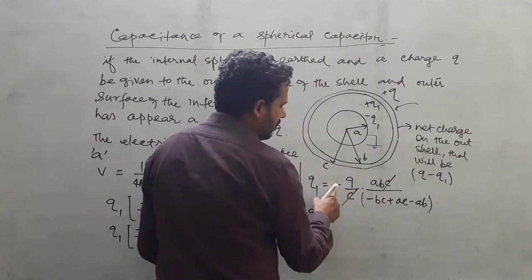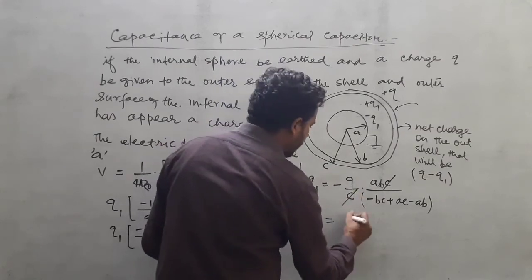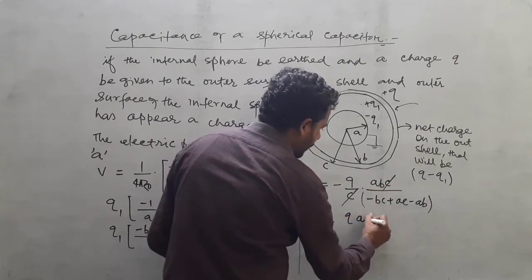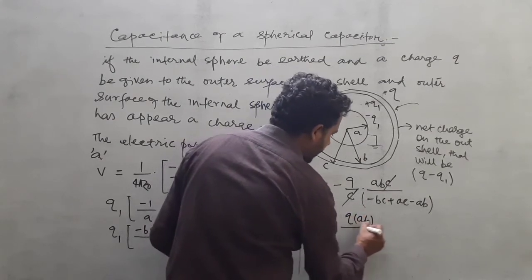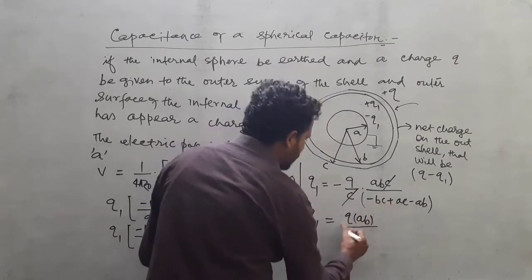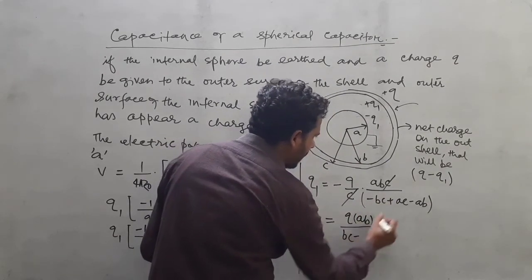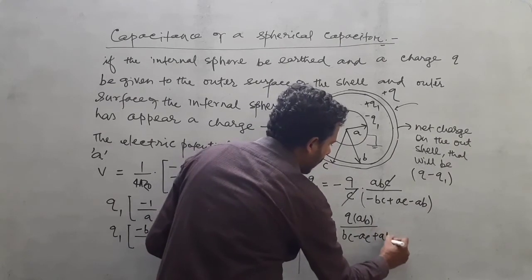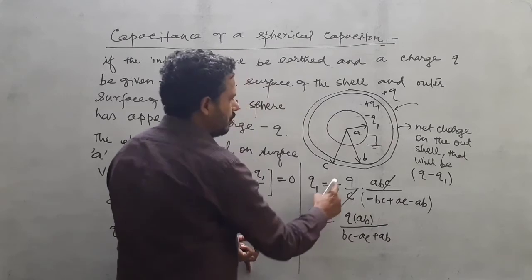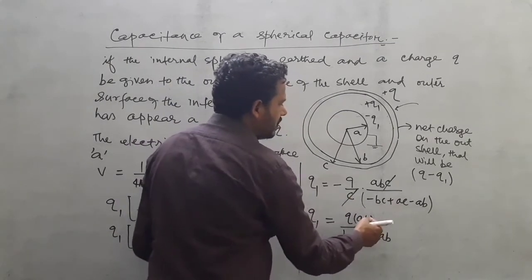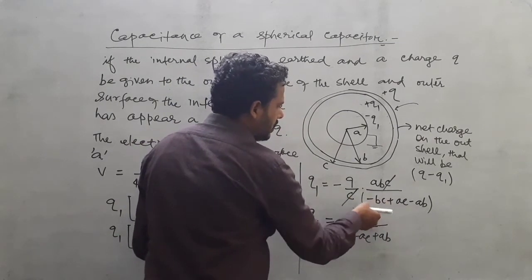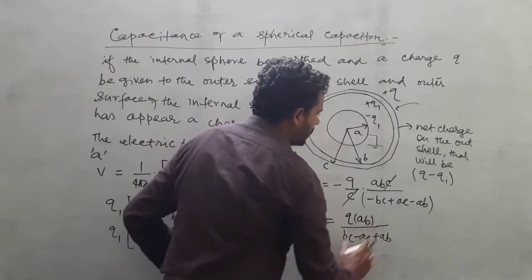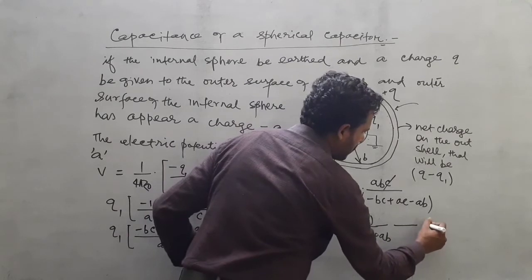Then finally you will get Q AB divided by BC minus AC plus AB after multiplication with this negative sign. For this concept you just consider this as equation 1.